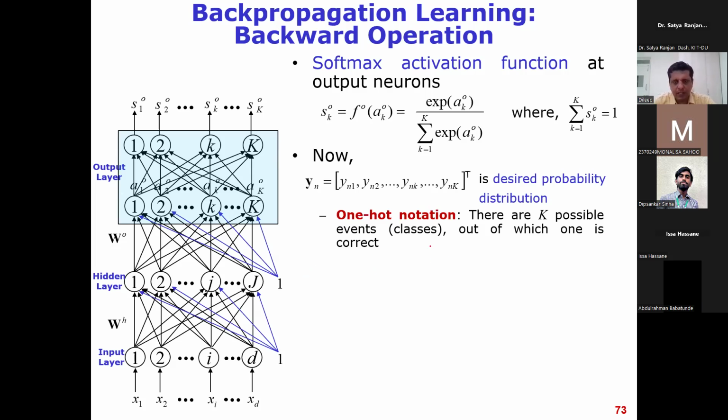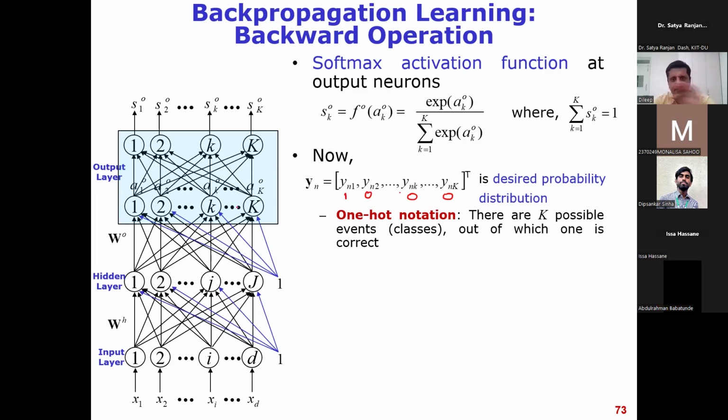That is, suppose the example belongs to class 1, then this will be 1 and the rest will be 0. So that is a discrete probability.